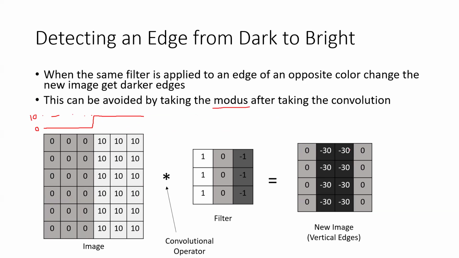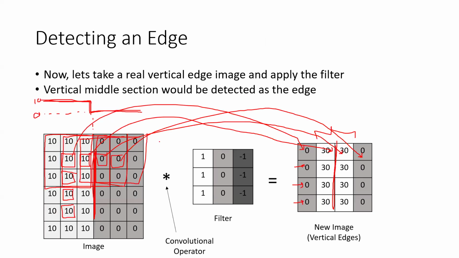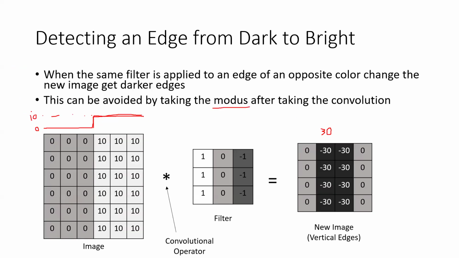And if you have a very large negative value like negative 30, once we apply the modulus operator, it would become positive 30. So it would still be a bright white vertical edge, detected even when the direction of change of color intensity is different, either from high to low or low to high. That is how the edges are detected using the convolutional operator, right?